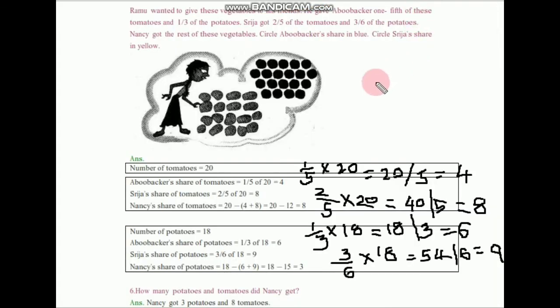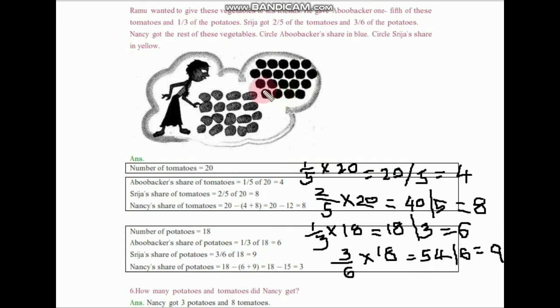So let's calculate the share of Abu Baker, Srija and Nancy in tomatoes. Here the number of tomatoes is equal to 20, as you can count here 1, 2, 3, 4, 5, 6, 7, 8, 9, 10, 11, 12, 13, 14, 15, 16, 17, 18, 19, 20.